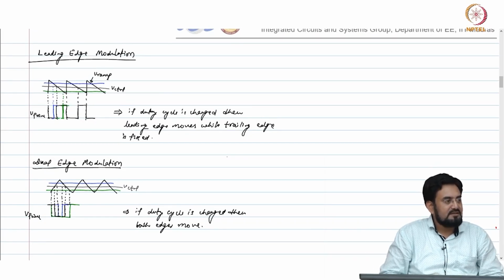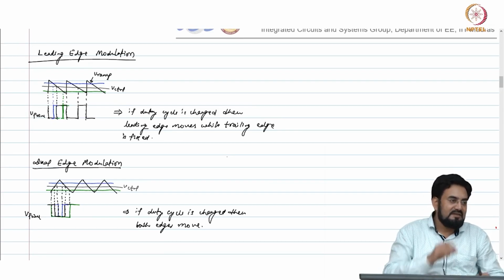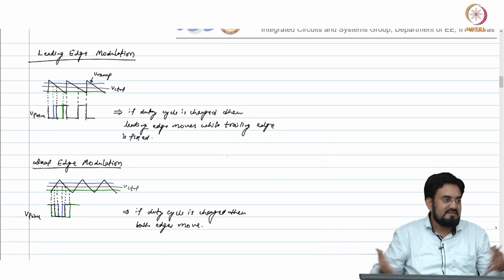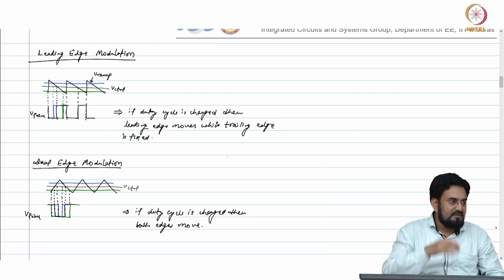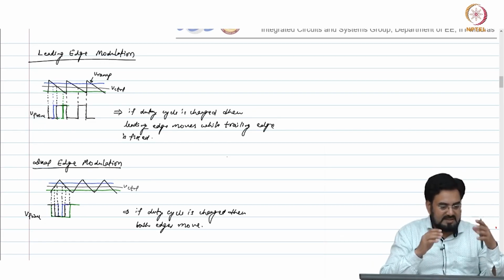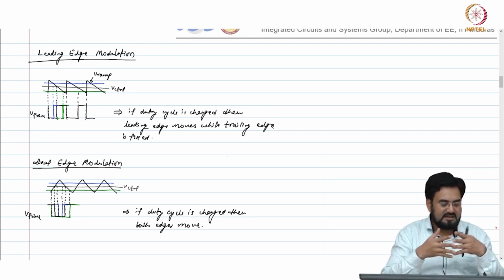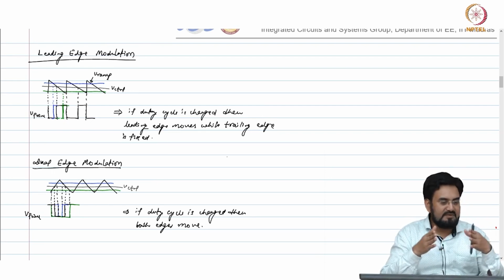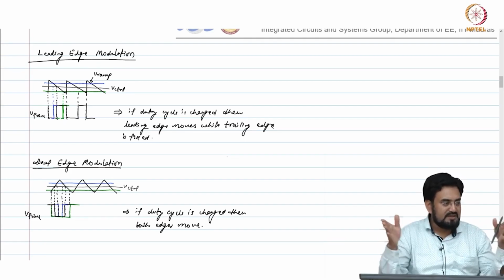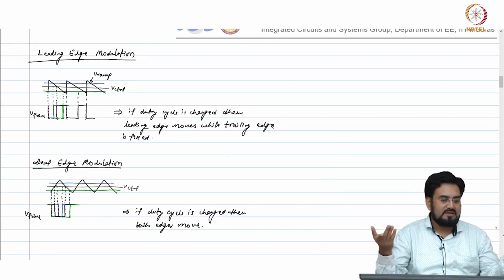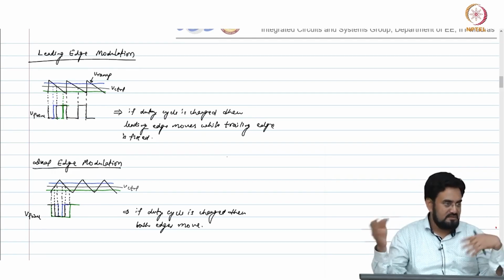Can anybody tell? Yeah, frequency will change, but that will happen only during the transient. In steady state your frequency will recover, but during the instantaneous change in the control voltage, if both edges move, then for that particular cycle your frequency is changed. Let us say you have a random load which is switching.